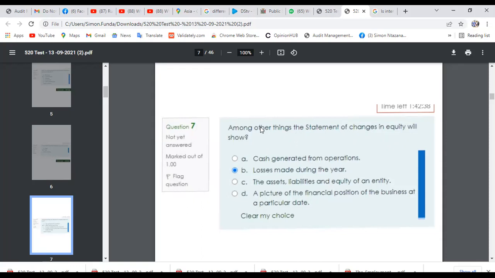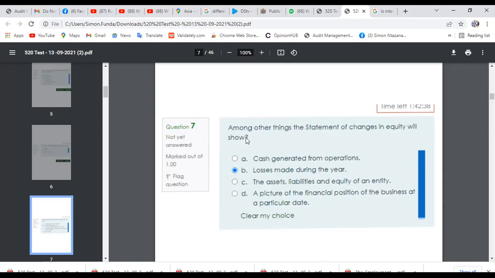The equity items are usually capital itself, reserves, revaluation gains or losses. If the company issued more shares during the year, you expect changes on the balance for the capital.